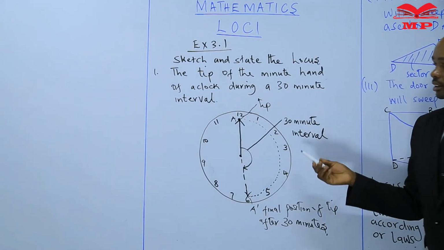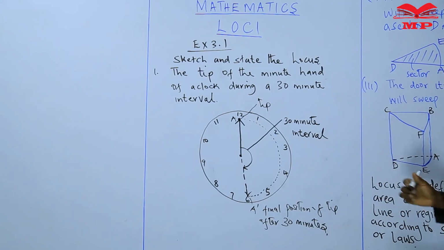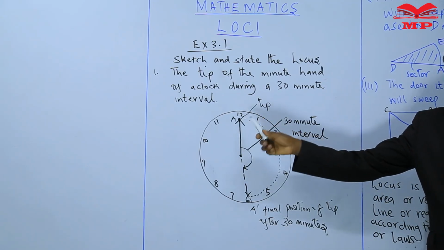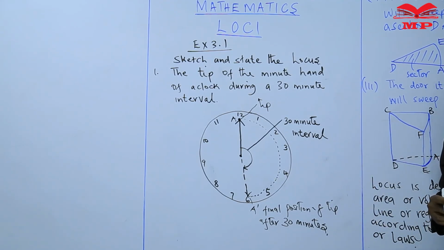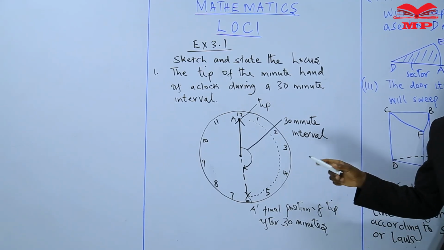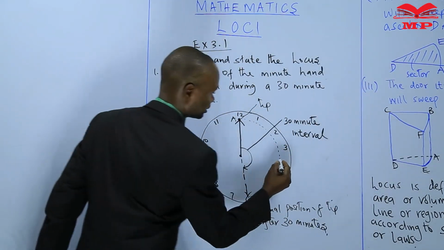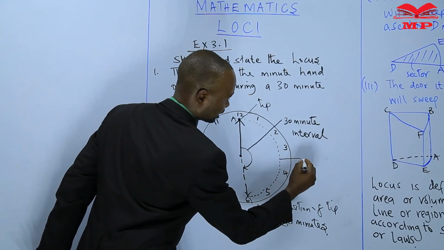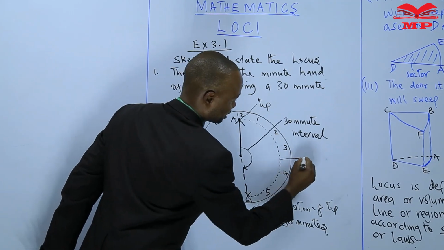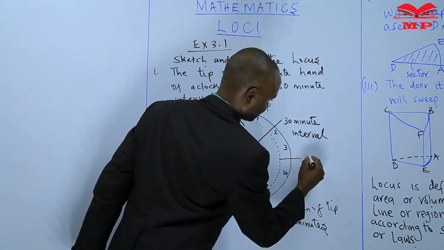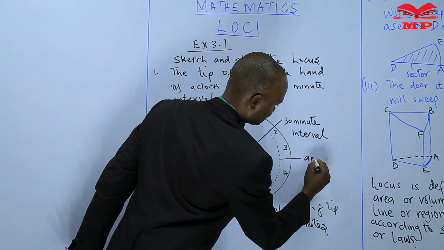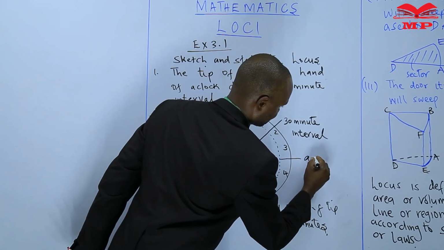So looking at that, you need to be very careful. It was a point, which is a tip, and not actually a line. A line would have given something else. So the trajectory made, this is an arc. It will make what we call an arc. This is an arc.